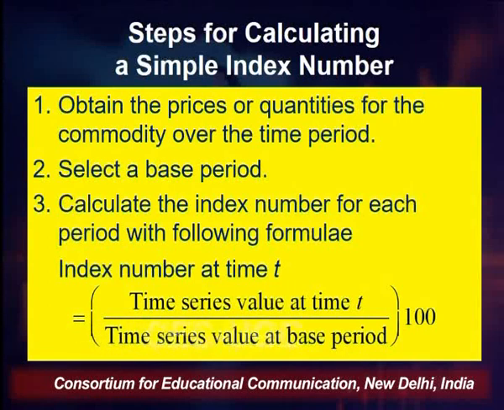So in short, I would say the current year value divided by the base year value in the time series data, into 100. Suppose I have time series data of many years, and for every year I wish to calculate, given the base year 2000. Suppose I have a data set from 2000 to 2023, 23 years of data, and I take year 2000 as base.